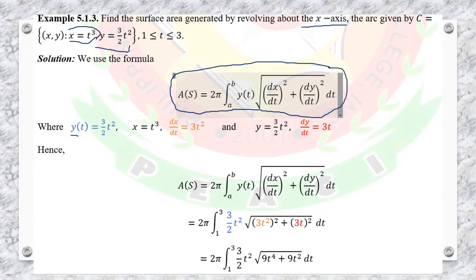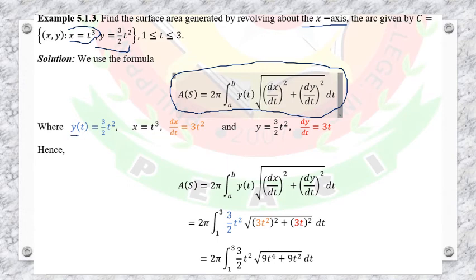So, ibig sabihin, kunin natin yung derivative na to. Ang derivative nito class is 3t squared, di ba? And then derivative ni 3 halves t squared is 3t. Okay. Ibig sabihin nun, kunin natin yung derivative ni parametric equation in terms of x and then parametric equation in terms of y para masubstitute natin dito sa formula.